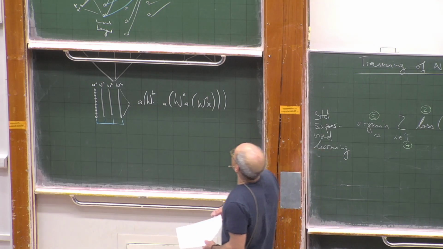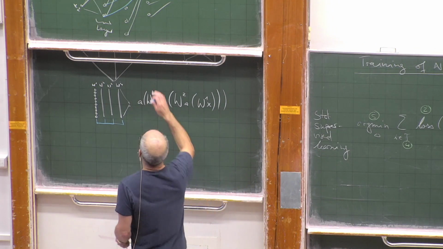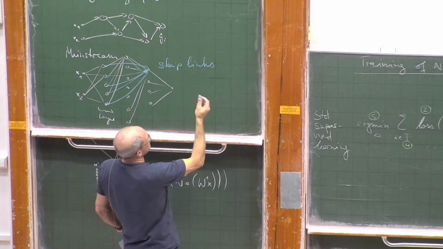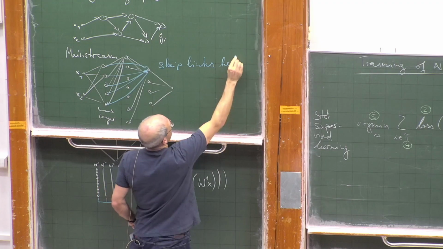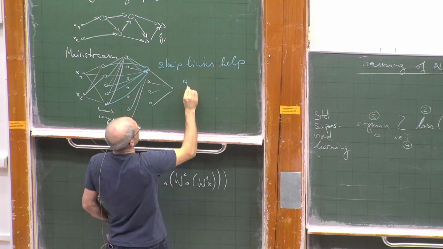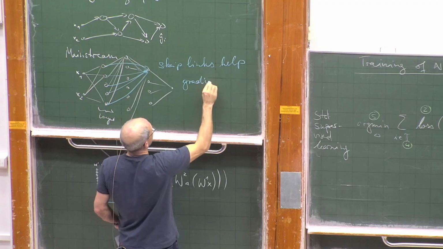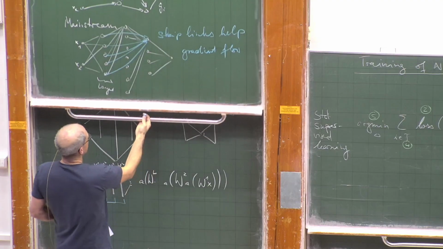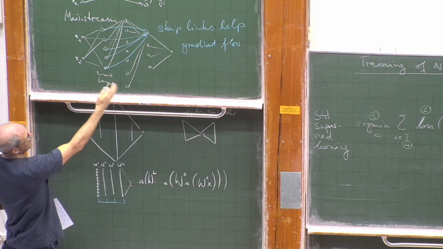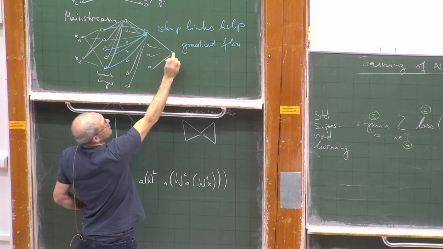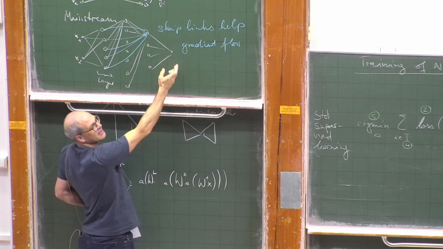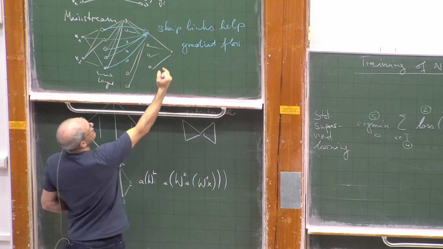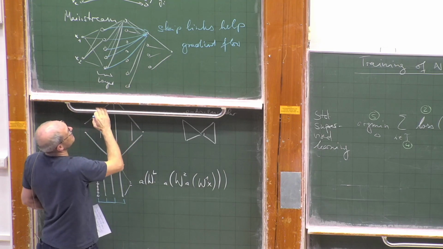Okay, so these skip links. The folklore explanation of why they are good is to say that they help the gradient flow. So in particular, if we have this kind of nested structure, and I know my output is not quite right yet, and I'm going to use automated differentiation, as we will discuss on Thursday, to try and adjust the parameters.